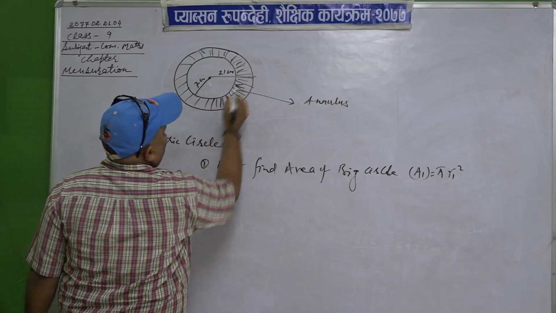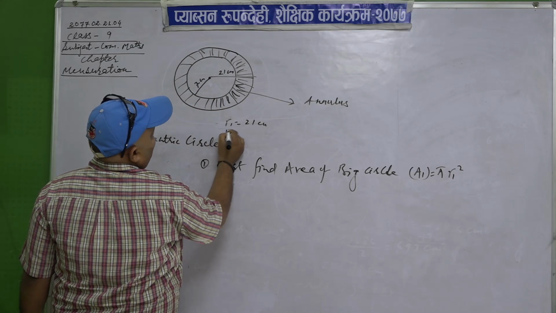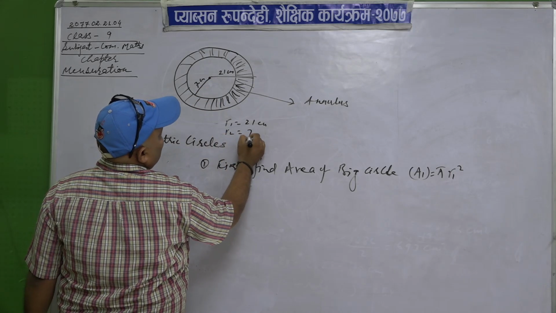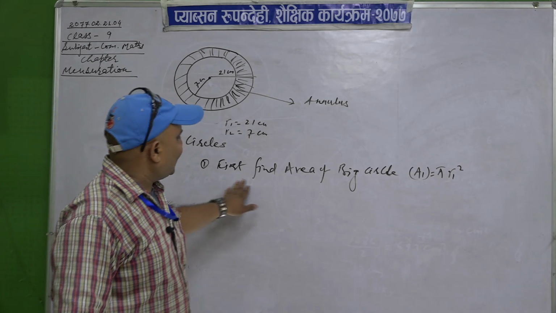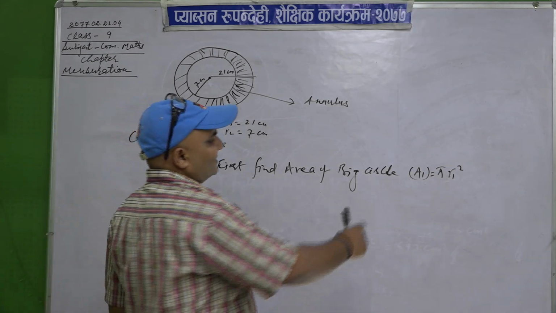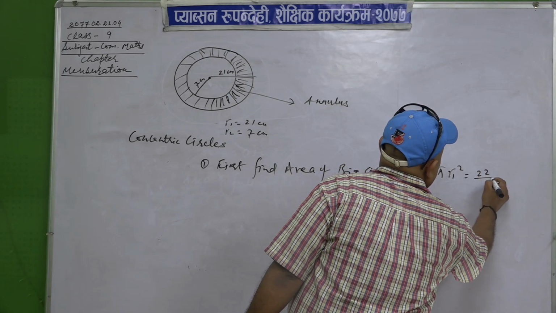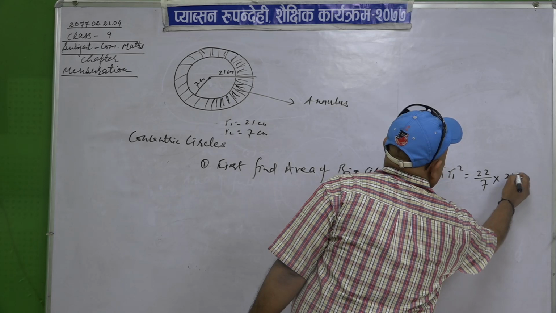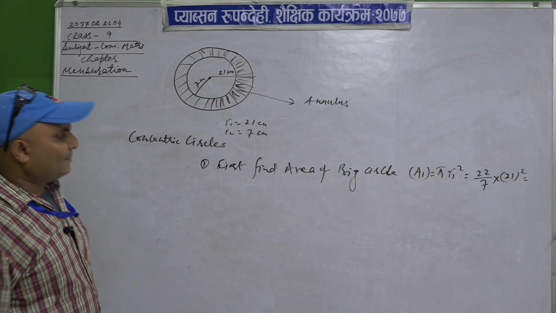Suppose the radius of the big circle is r1, that is 21 centimeter. The radius of the small circle is 7 centimeter. You first find the area of the big circle using the formula pi r square. Put the value 22 upon 7, r means 21 whole square, and you will get the area of the big circle.